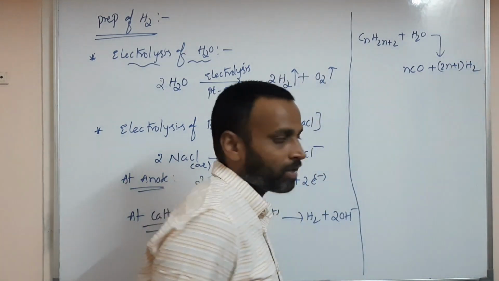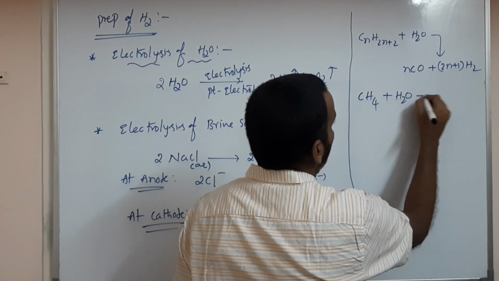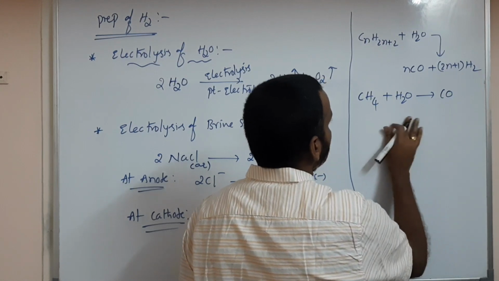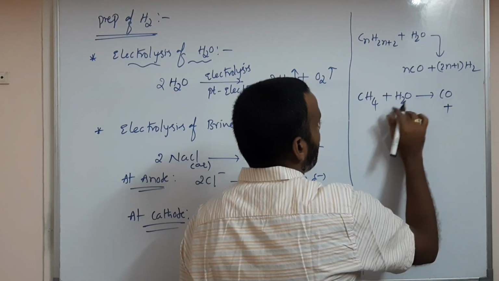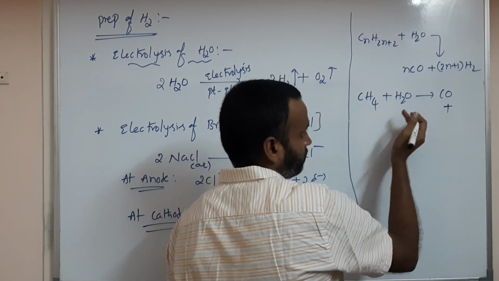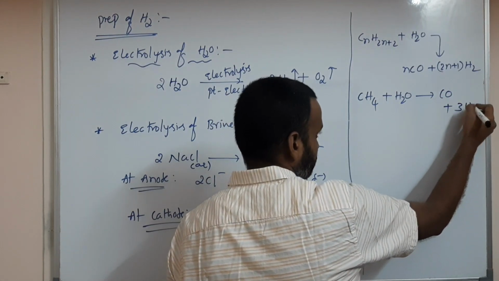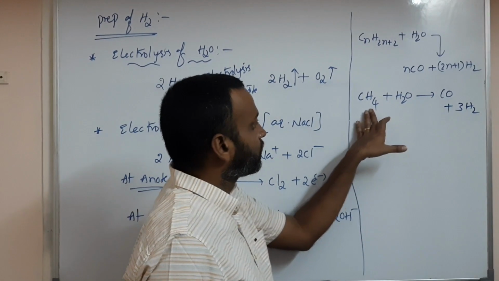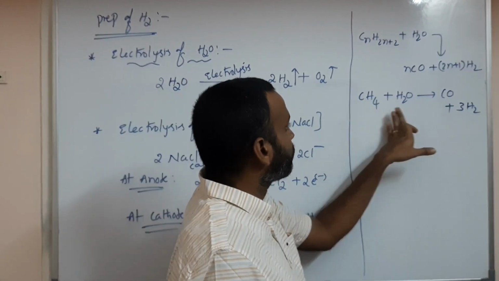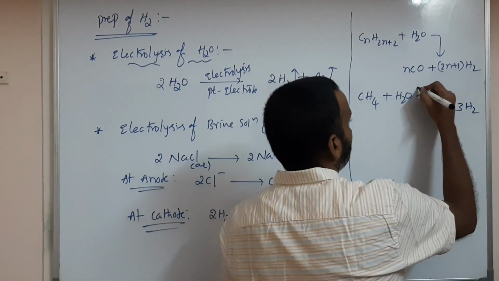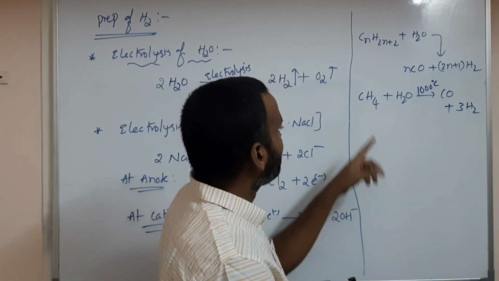This is the general hydrocarbon reaction. Suppose CH4 reacts with H2O, at around 1000 degrees Celsius you will get CO and 3 H2. So what is n here? 1.